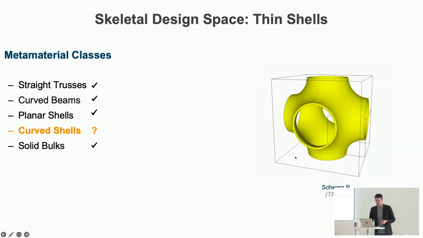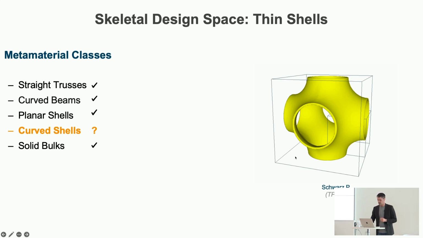And when we did the project, at this point, we thought, okay, cool, awesome, we were done. We already wanted to open a champagne bottle. And then the first author student, Eliane, did a test with another TPMS structure, this Schwarz-P surface.